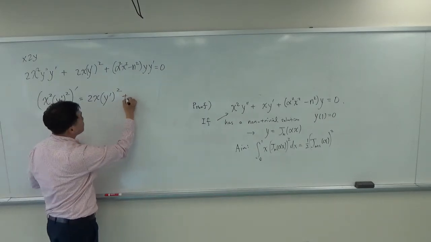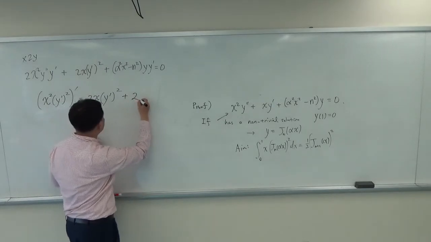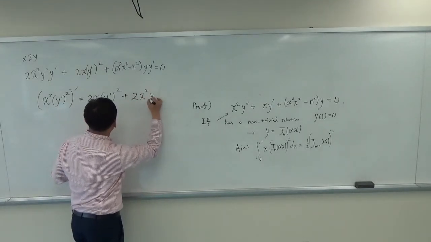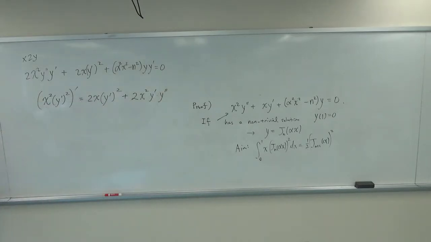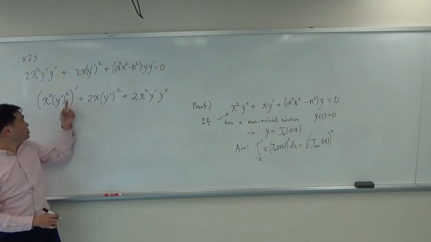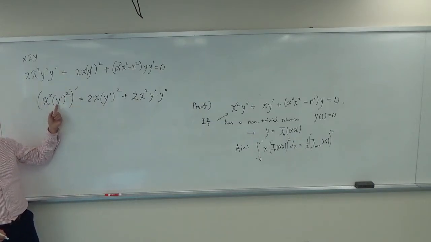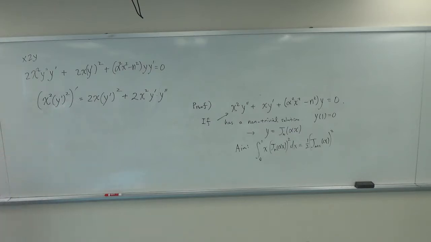And then plus 2 times x squared times y prime times y double prime. Is that right? Just by the chain rule. This comes down and then you have to take the inside out and differentiate, right? Yes. Okay.